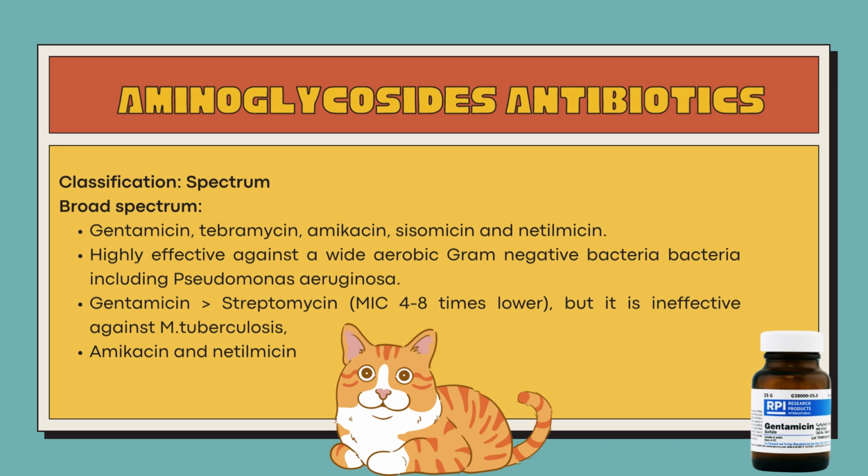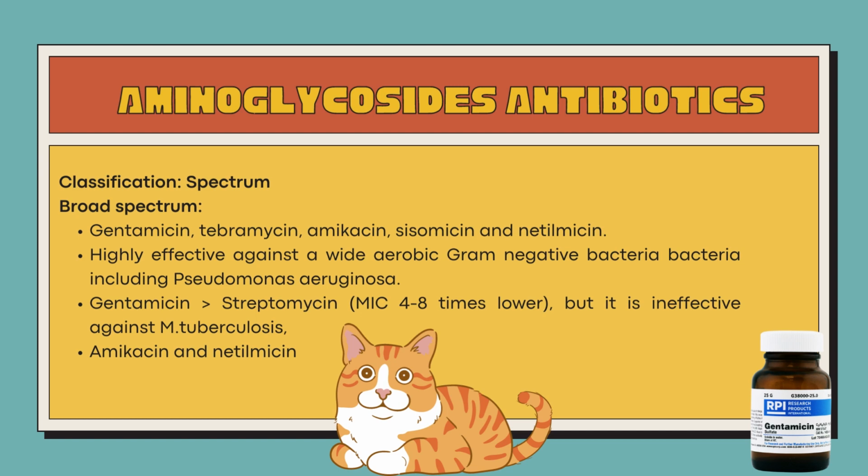Third in our list for the classification of aminoglycosides is the broad spectrum. Examples of this are gentamicin, tobramycin, amikacin, sisomycin, and netilmicin. They are highly effective against a wide variety of aerobic bacteria including Pseudomonas aeruginosa.